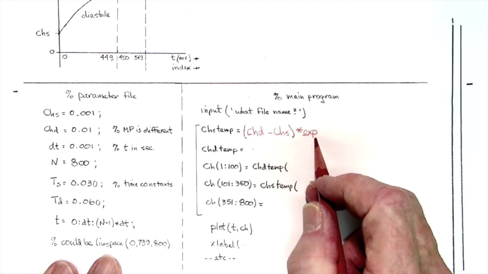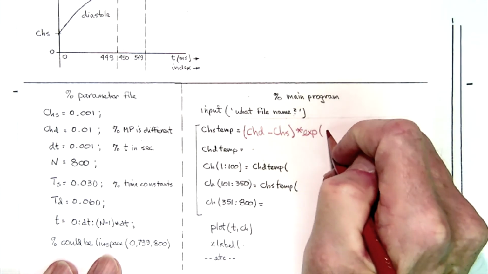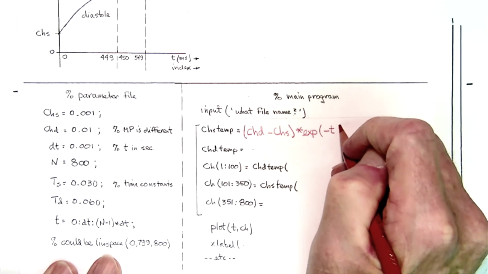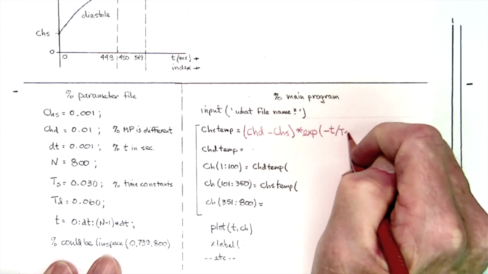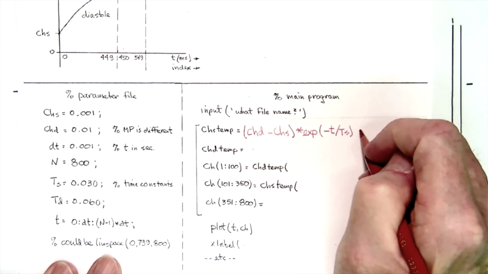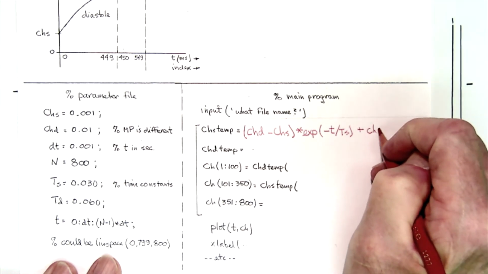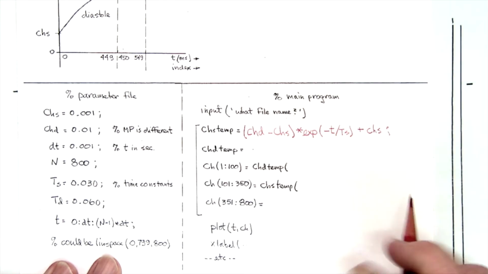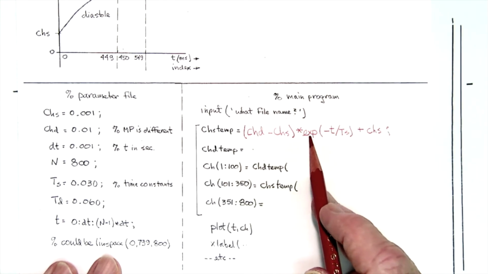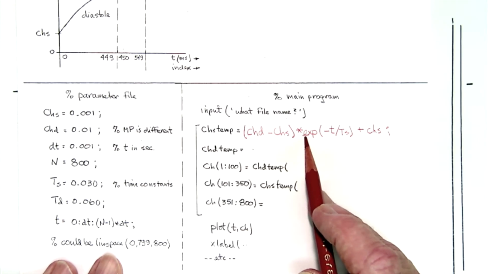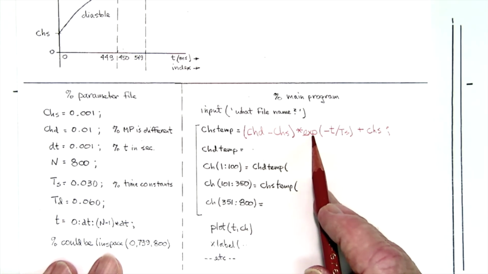EXP stands for exponential, parentheses, minus t over tau sub s. And then we add the final value, CHS, to end that line. Notice that this is not an e by itself, because e by itself represents a power of 10. So if you want the exponential e, you're going to have to write out exp.